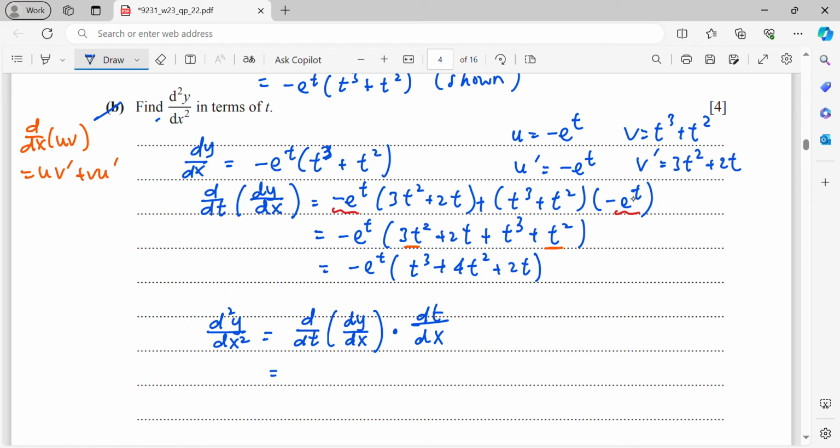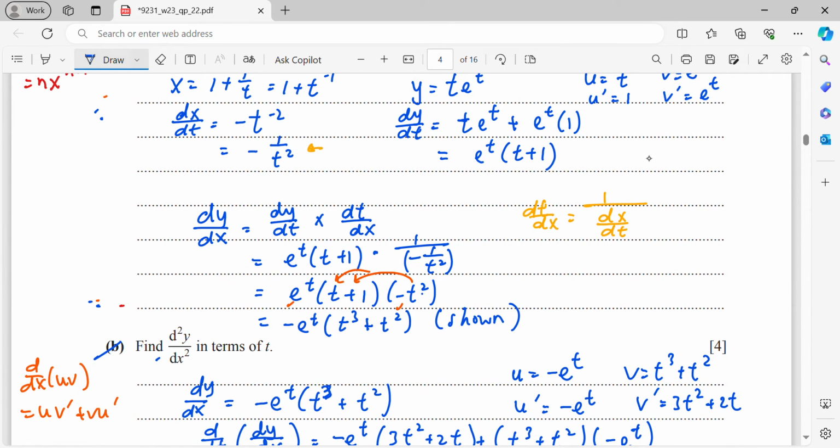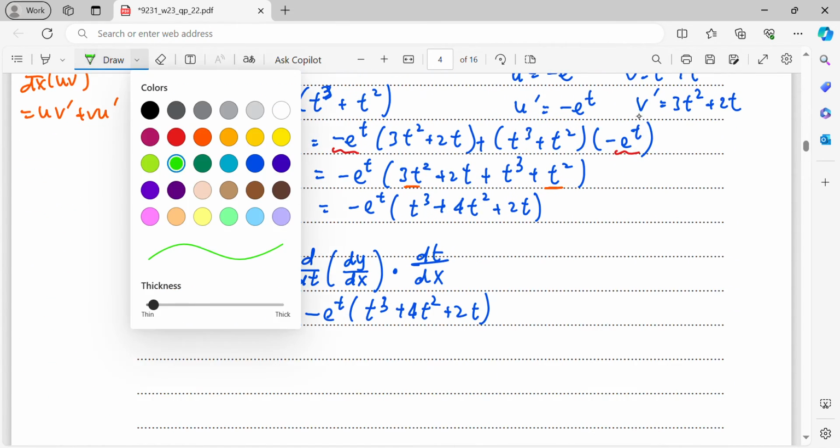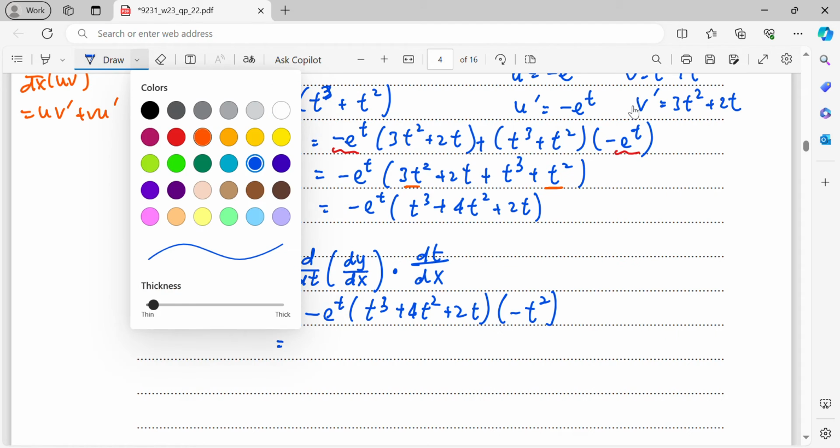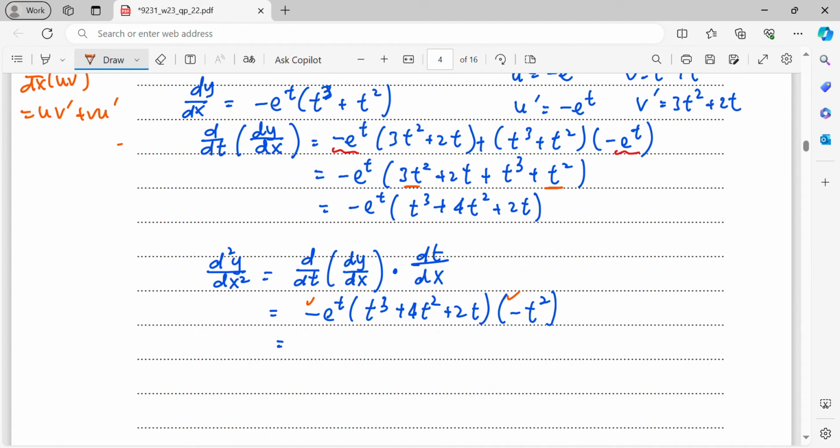So that means this is going to be negative e^t times the cubic function, and then my dt/dx you get from the previous part. Look at here, dt/dx ended up with negative t squared, so I will just copy negative t squared. Now I notice that minus and minus is a plus.